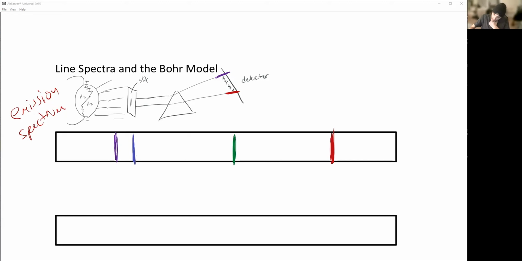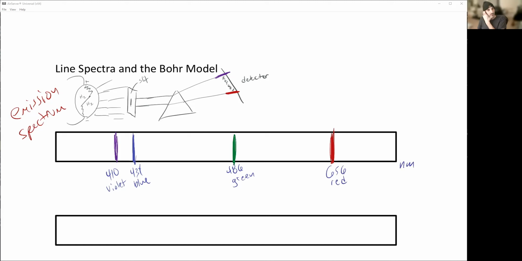I see a line at 410, which is my violet color. I see a line at 434, which is blue. I see one at 486, which is green. And I see one way down here at 656, and it is red. And when I say those numbers, what I mean are nanometers.